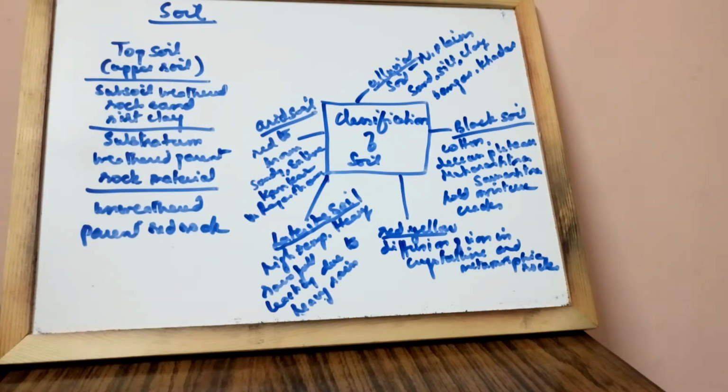So the factors which are responsible for the changes: parent rock, topography or relief, that is the places where the rocks are located. So soil cover is thin in hilly areas than on the plains. Climate is another factor.